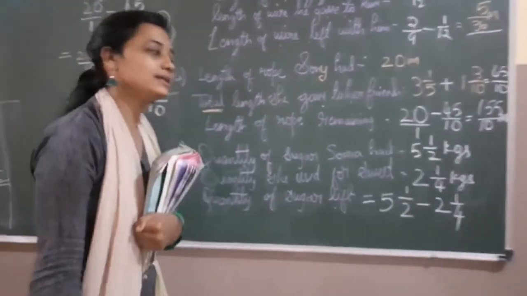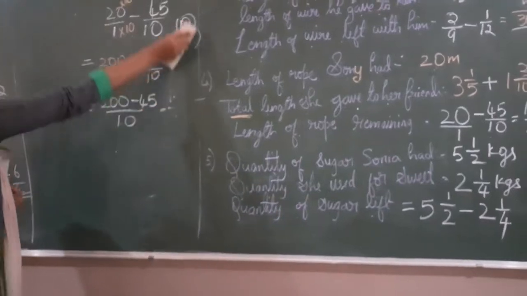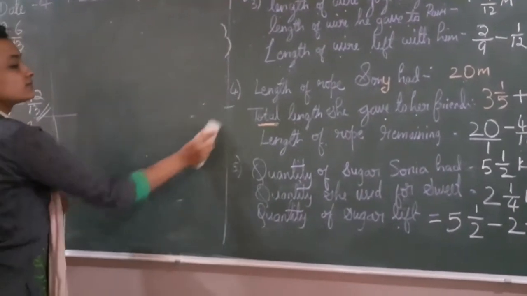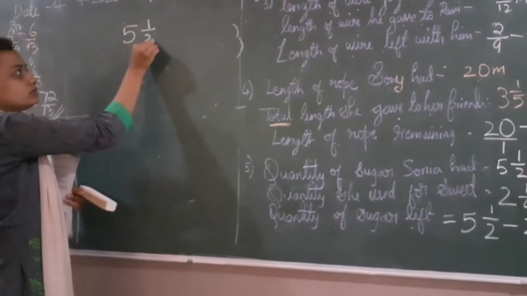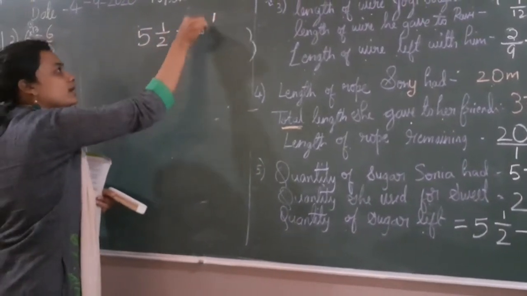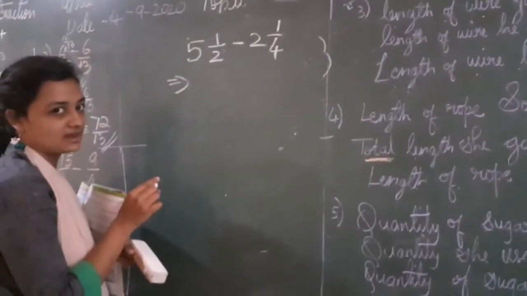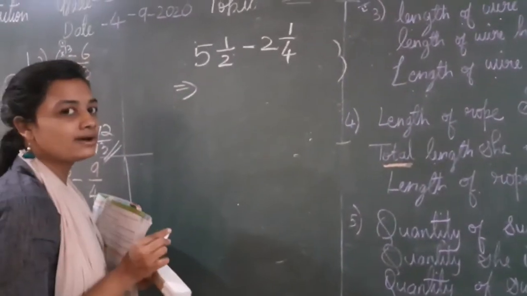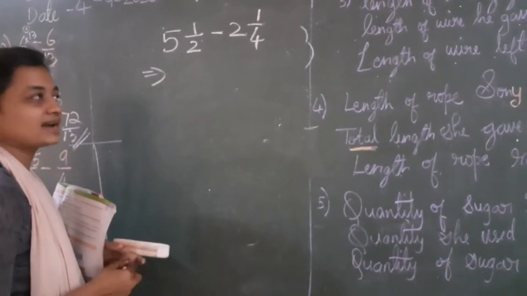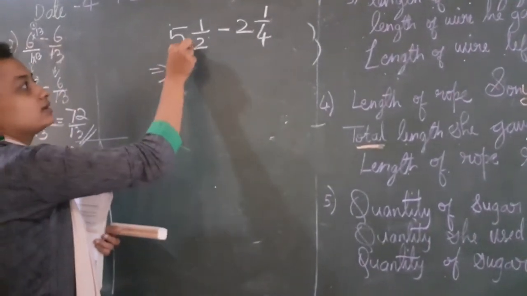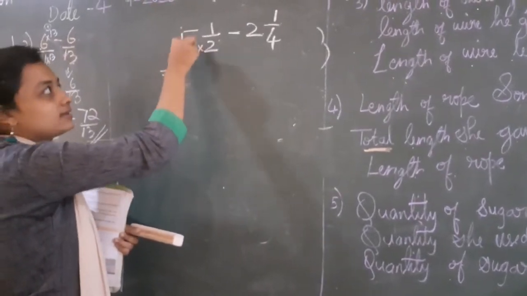So let us subtract in the working column. Take the mixed fraction. So what should I do now? I should convert it into an improper fraction. How to convert? Multiply 2 fives are 10.